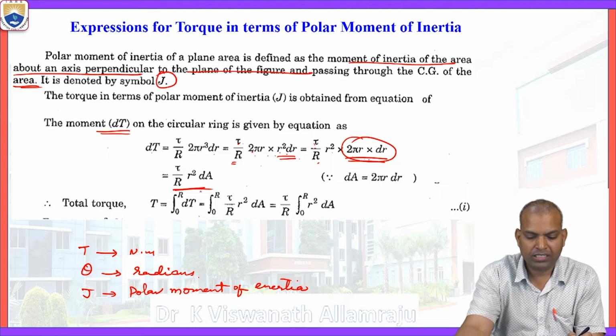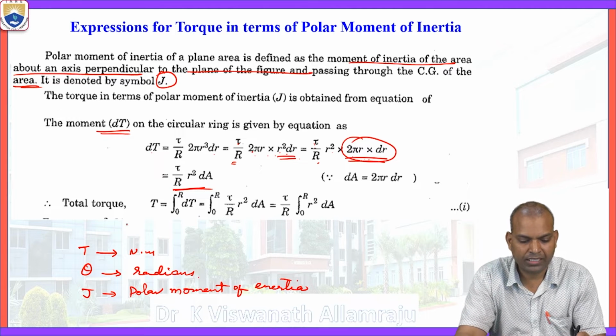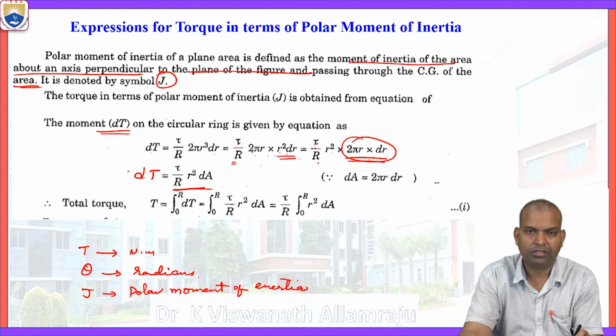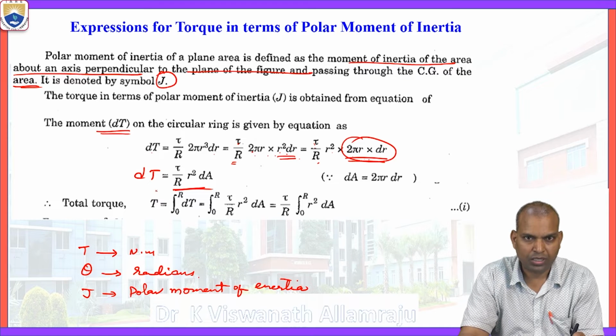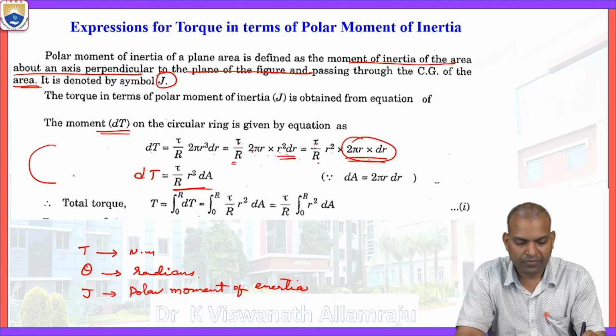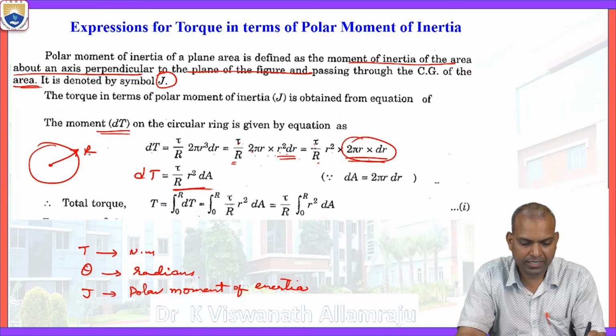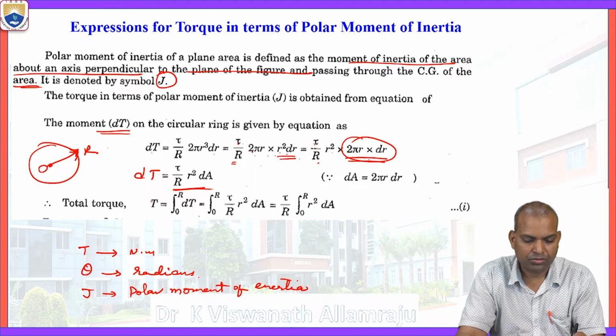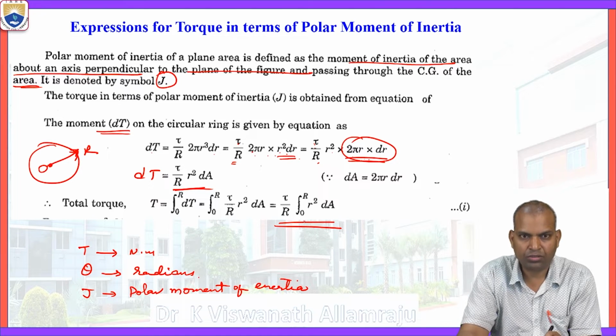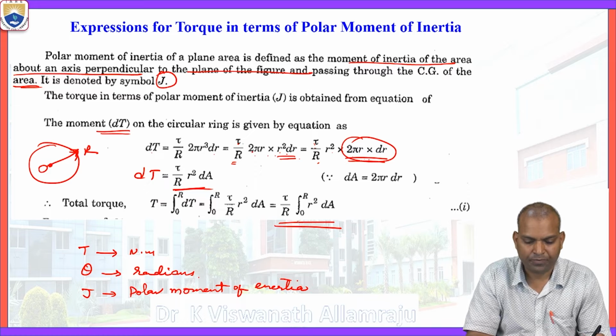This r squared dA, now we are integrating this elemental torque on the ring, that is tau by capital R, r squared dA. It varies from 0 to capital R, the radius. So the total torque equals the integral from 0 to R of dT, that is, tau by R times the integral of r squared dA.